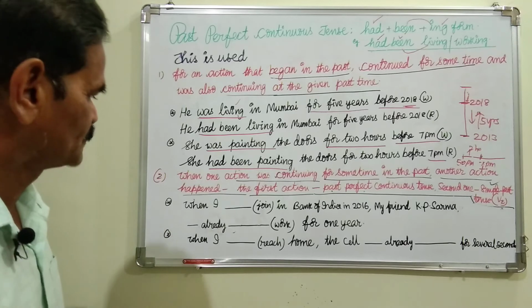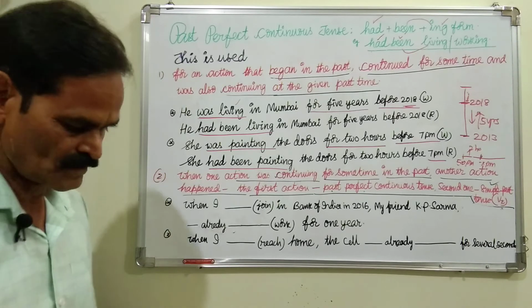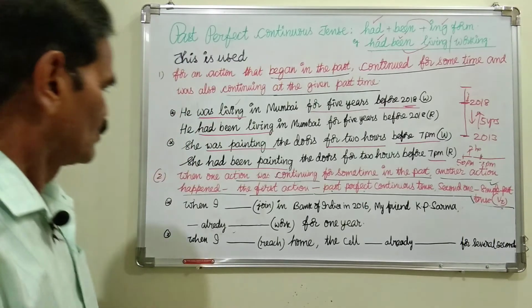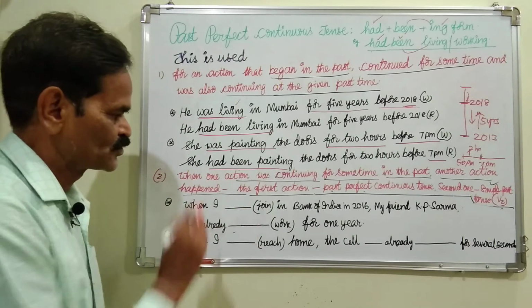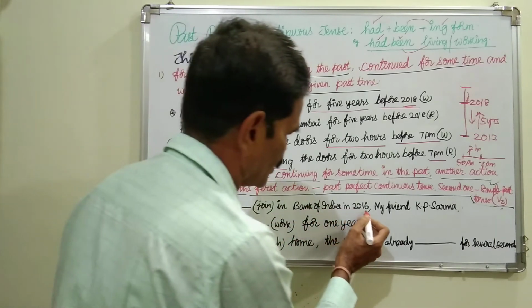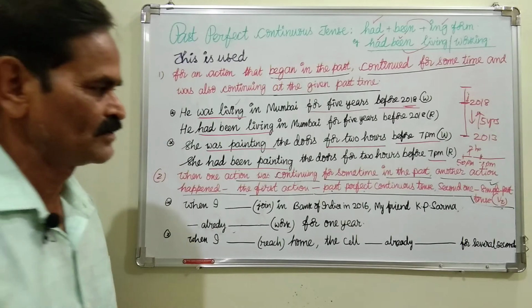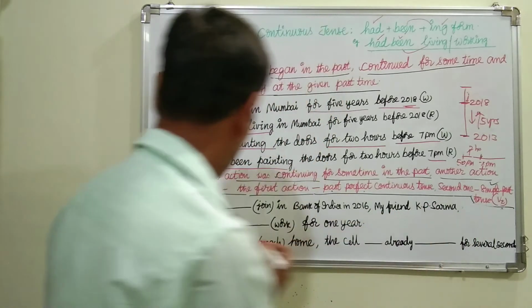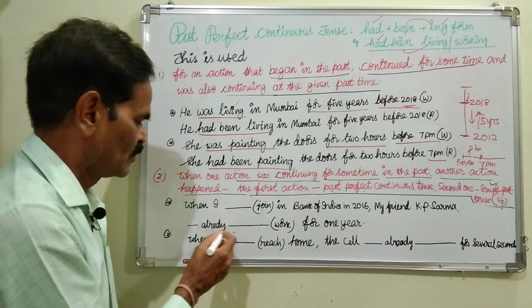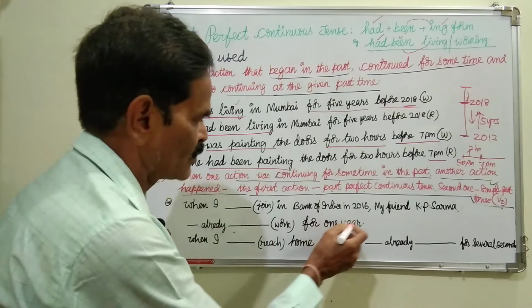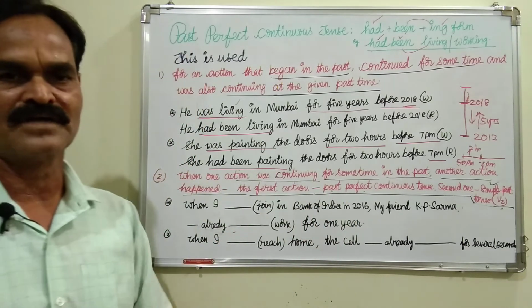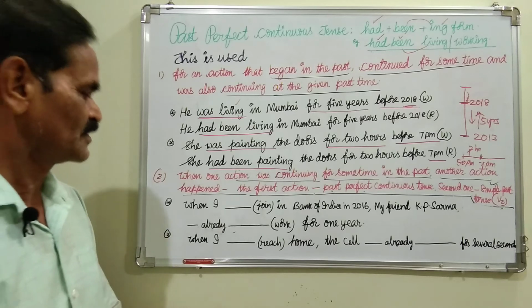So now let us see. When I join in Bank of India in 2016, my friend KP Sharma already work for 1 year. Okay, this is the question given in the examinations.